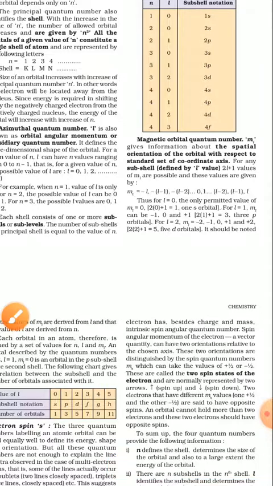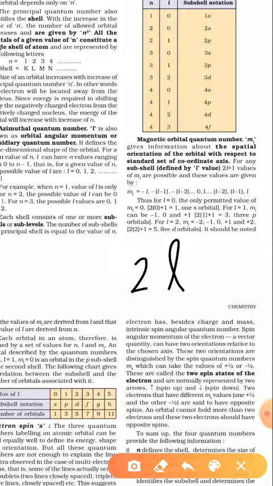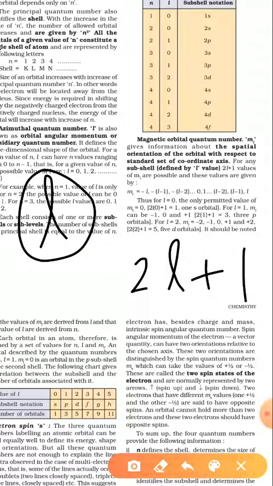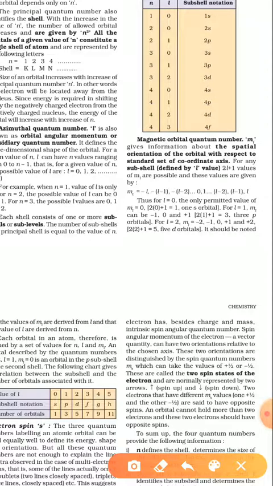It is always represented by ML as I told you, and it has 2L plus 1 values. For any L value, it will have 2L plus 1 orbitals. If we say with an example, suppose L is equal to 0, then what will be the value of ML?